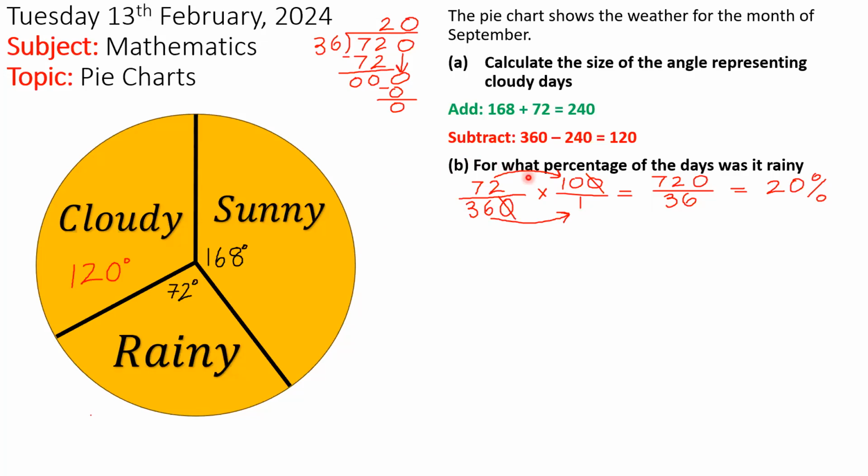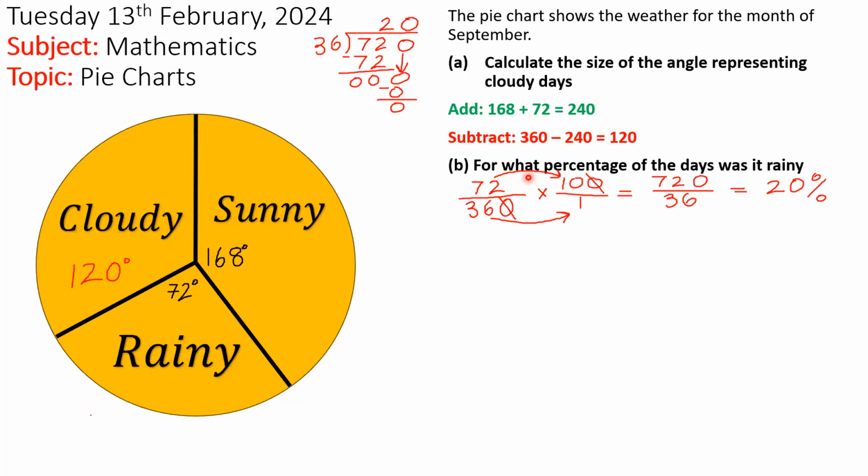And Samantha, I need you to explain it. For what percentage of days was it raining? So we use 72 over 360 times 100 over 1. We use 360 because the angles in the circle add up to 360, and 100 because we're looking for the percentage.